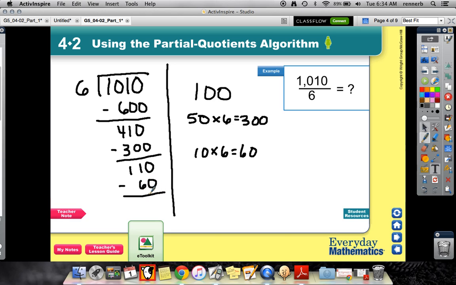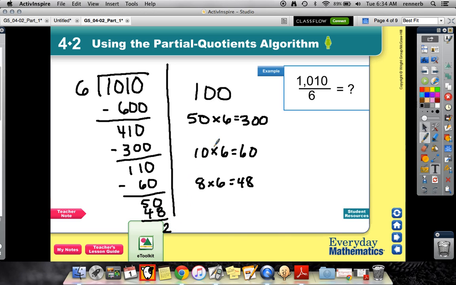And 110 minus 60 is going to give me 50. And now 6 goes into 50 how many times? Let's see. I know that 8 times 6 equals 48. So I'm going to do that. I'm going to put 48 over here. And that's going to leave me with 2.